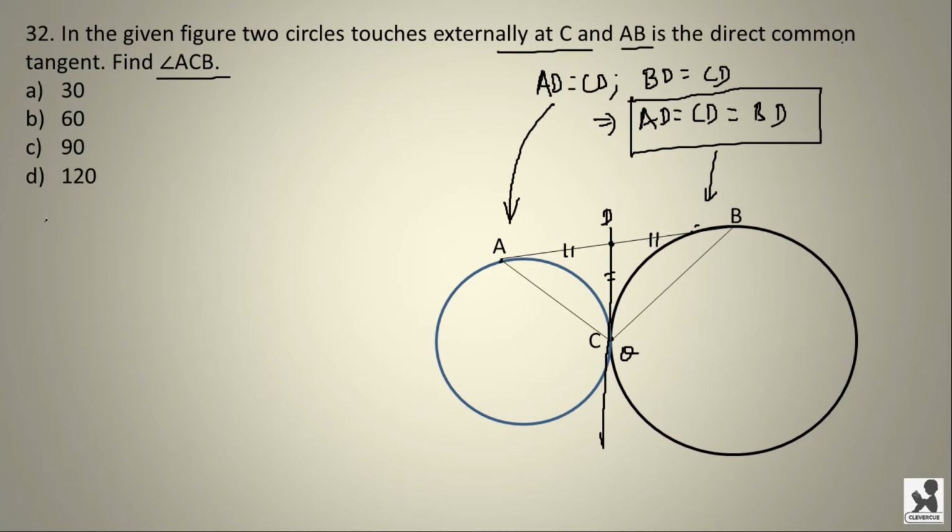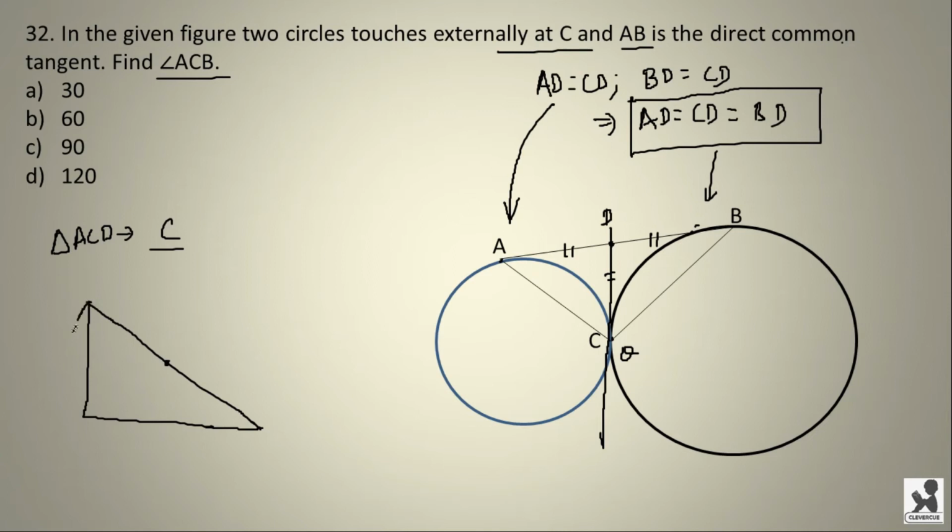From this we can say that triangle ACB is a right angled triangle at point C. How? In a right angled triangle, for example, this is a right angled triangle, the circumcenter always lies on the hypotenuse, at the center of the hypotenuse.